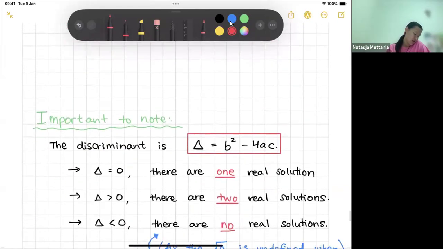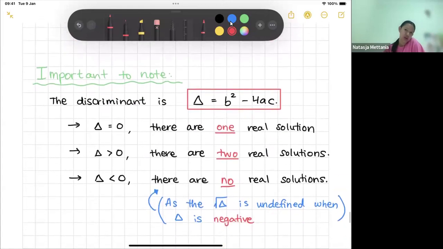Now, something important to note is that the discriminant formula is the stuff in that red box: discriminant equals b squared minus 4ac. The 3 dot points I put down there are: if your discriminant is equal to 0, you have one real solution, so x is equal to just one number.